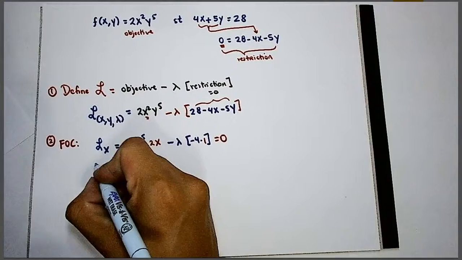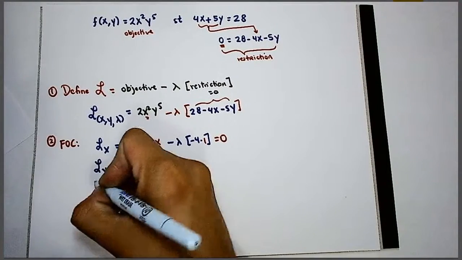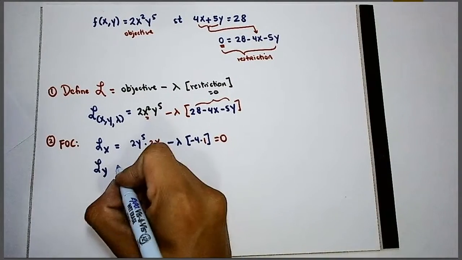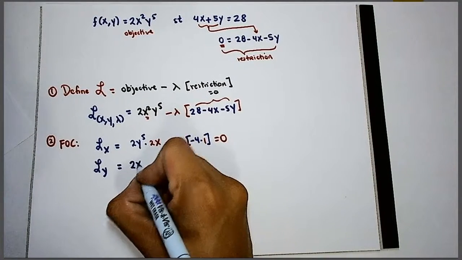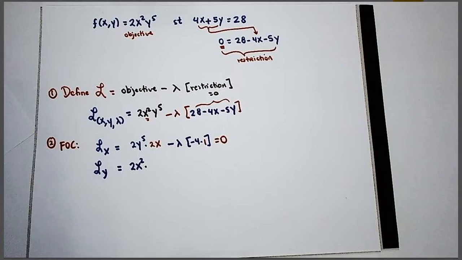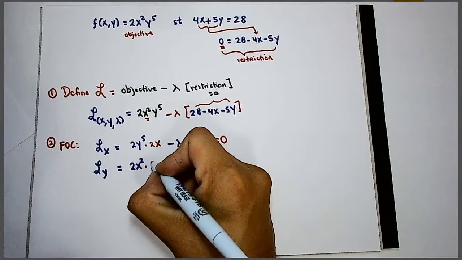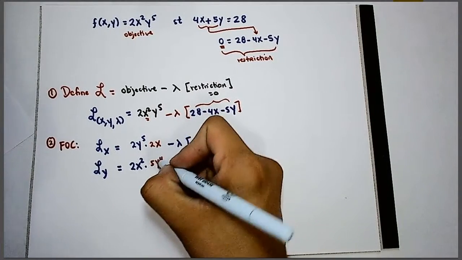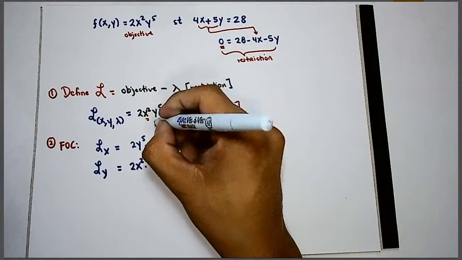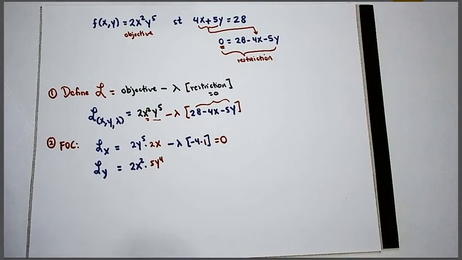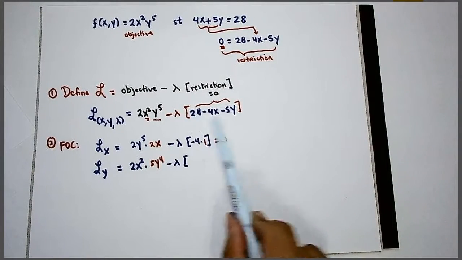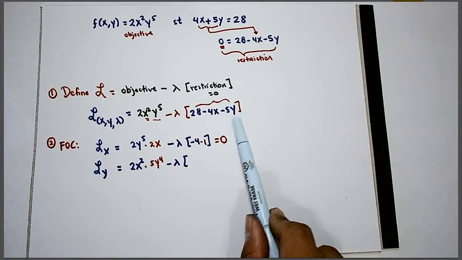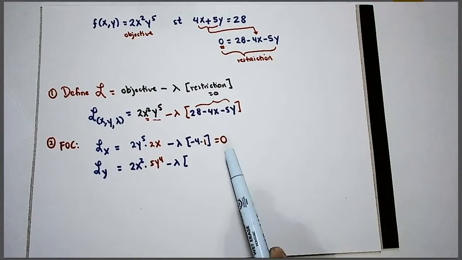Now let's pass to the partial of the Lagrange with respect to y. Notice that here 2x squared is the constant part, times 5y to the fourth, which is the derivative of y to the fifth, minus lambda times, inside this parentheses, the only part that has y is minus 5y.